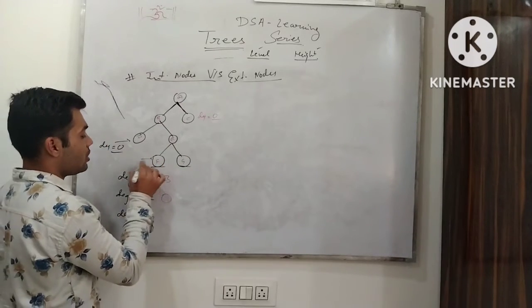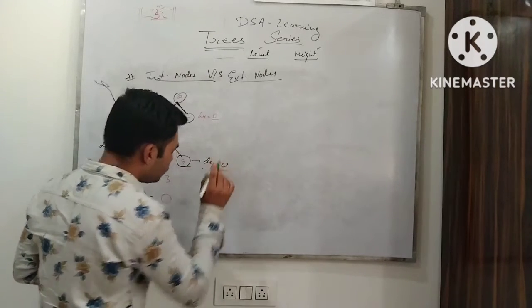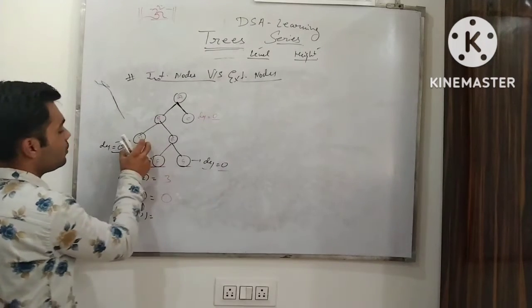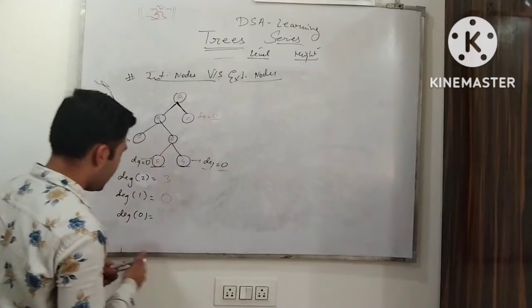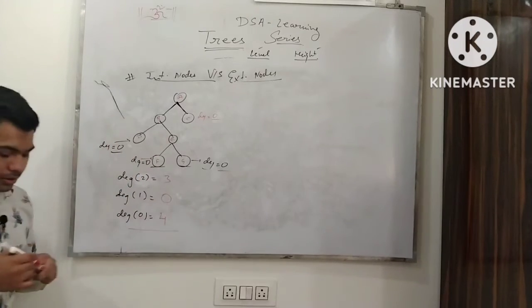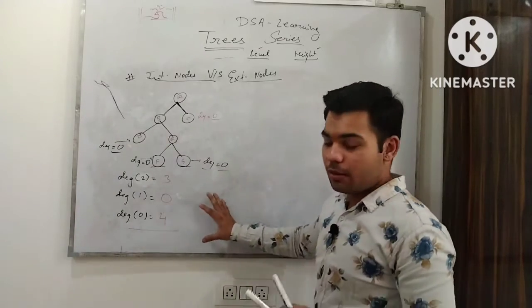No. So F has degree 0, G also has degree 0. So how many nodes have degree 0? 1, 2, 3 and 4. So the answer is 4. Okay, let's take one more example, then I will come to the formula point.